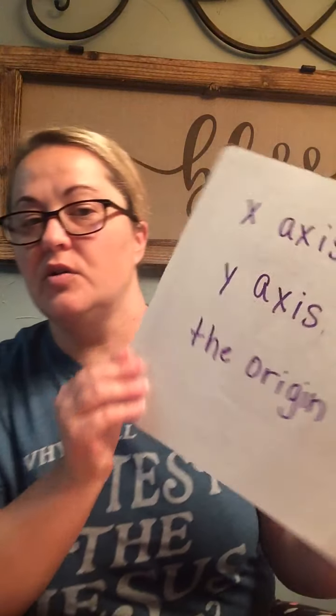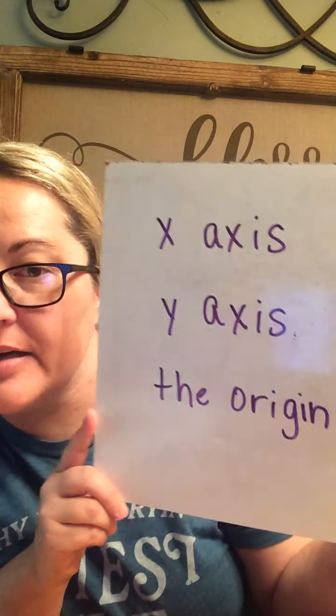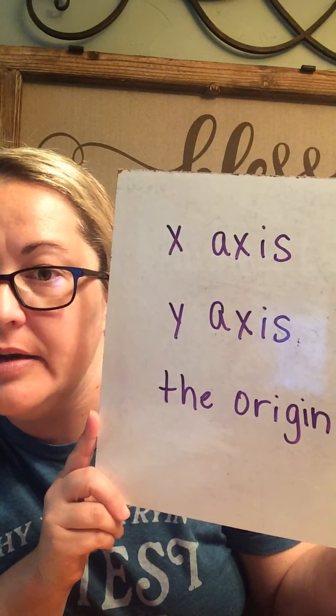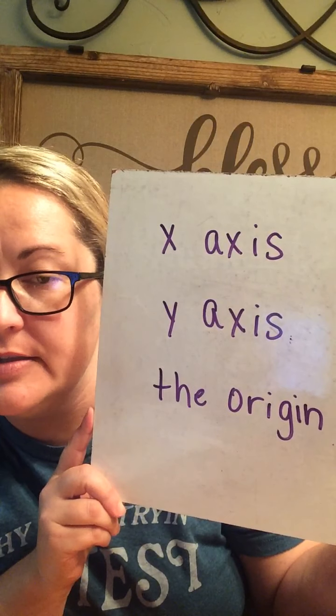One of the things that they like to talk about is the x-axis, the y-axis, and the origin. Those are three things that they like to talk about on these graphing grids, okay?